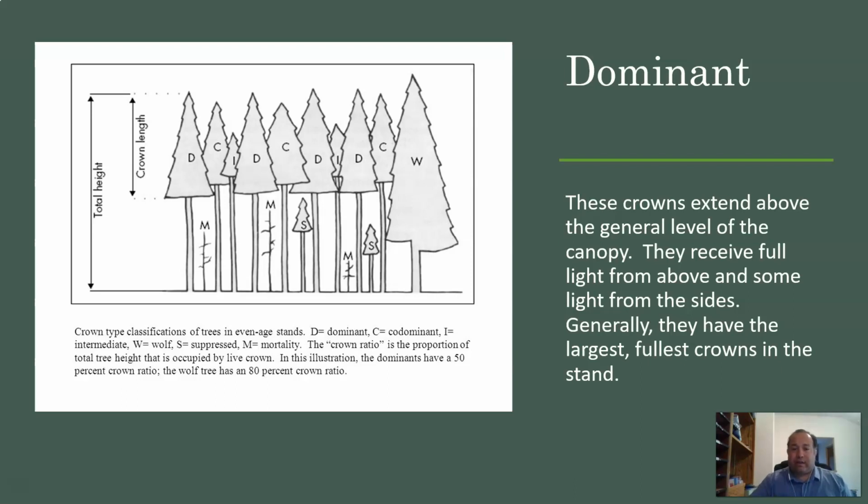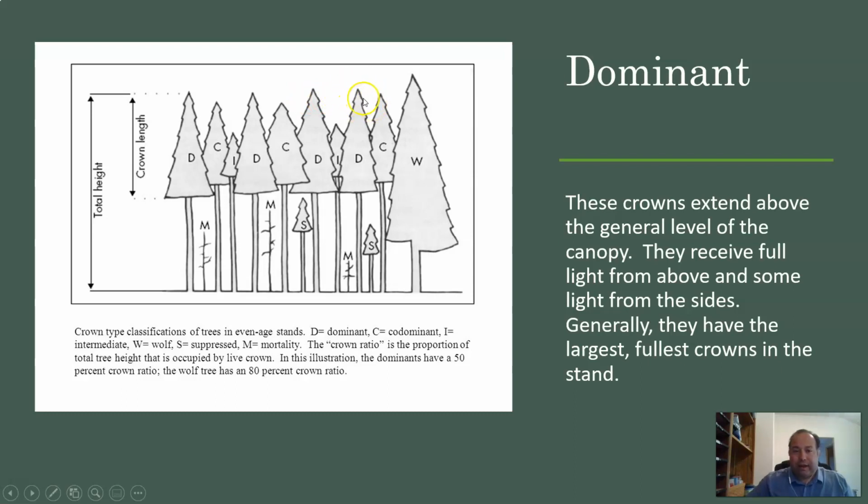So dominant trees, these are trees where their crowns usually extend up above the general canopy. And so if I look at this graphic right here, I can see that right here where the top of the canopy is, these trees right here, these 4, 1, 2, 3, 4, those are all at the top of the canopy and up above it.